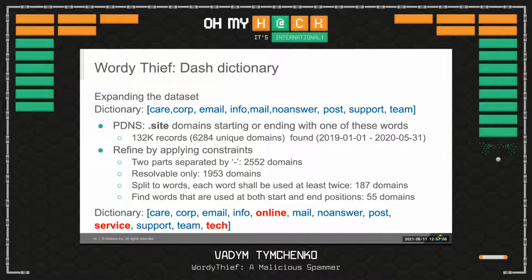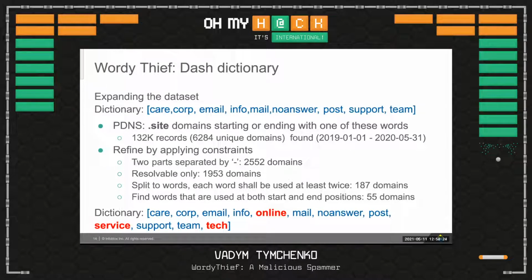First we want to expand the data set. The initial dictionary that we have consists of 8 words. First we filter broadband traffic to extract domains belonging to the .site TLD, and we want to find only domains that start or end with one of the known words.